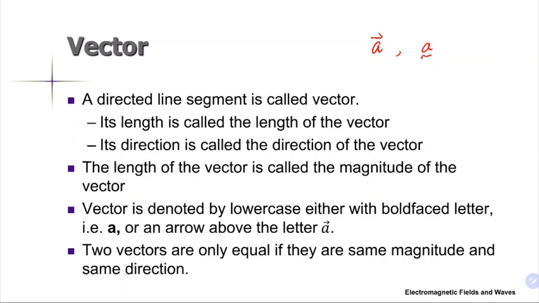Two vectors are equal only if they have the same magnitude and the same direction. Even if they have the same magnitudes but different directions, they are not equal.